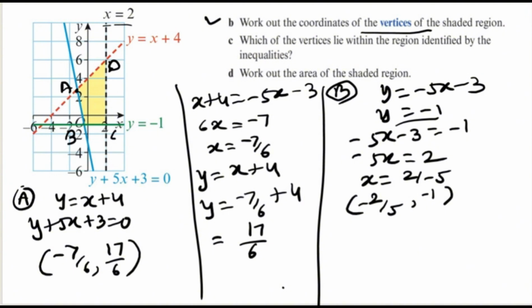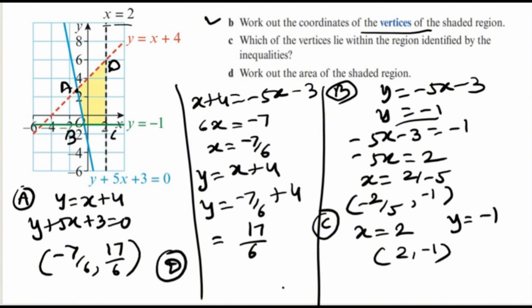Now find the coordinate of C. To find the coordinate of C, x is equal to 2, y is equal to minus 1, which is easy. So we will get the coordinate 2, minus 1. And then to find the coordinate of D, we have 2 lines, x is equal to 2 and y is equal to x plus 4.